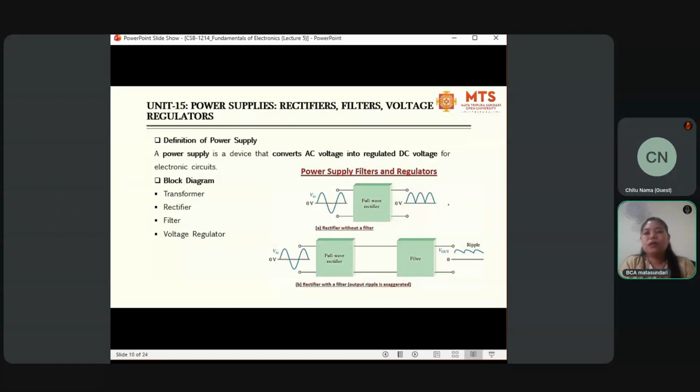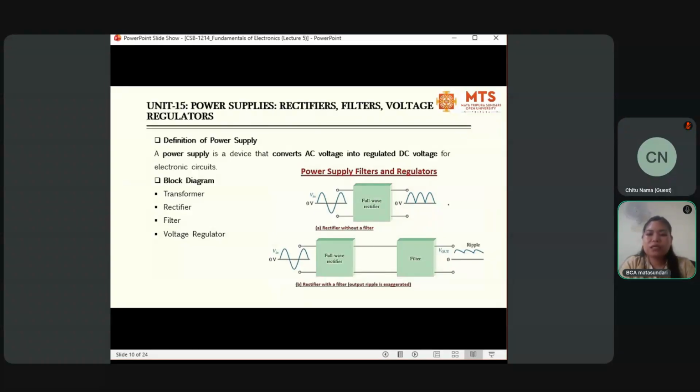So here is a diagram. In the first diagram A, power supply, filter and regulator, a full wave rectifier is used. This is the rectifier without a filter. In the second diagram B, rectifier with a filter, the output ripple is exaggerated.